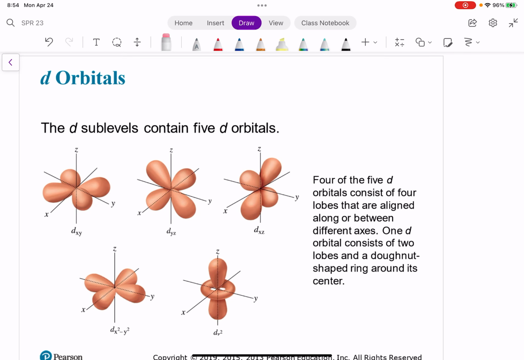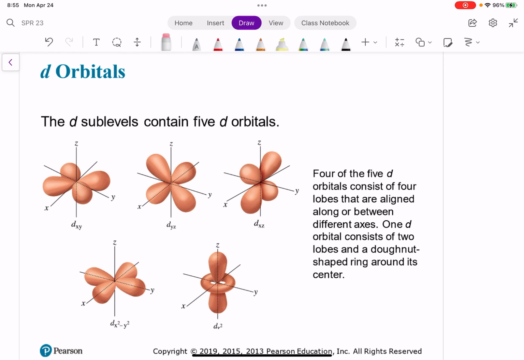So the DXY is on the XY plane. The DYZ is lying on the YZ plane. The DXZ is lying on the XZ plane. This one's kind of strange, but it's like x squared minus y squared. And then you got this weird one that looks like a p orbital, but it's not, inside a donut. Kind of makes me hungry for a donut.